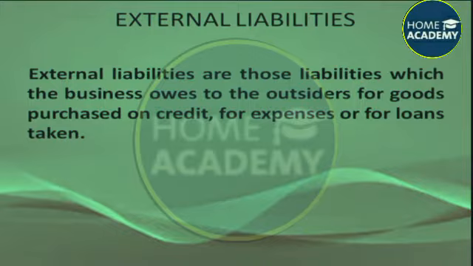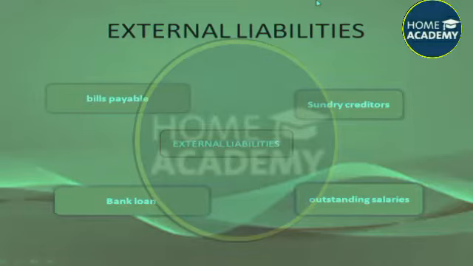So, these are the amounts which the business owes to the outsiders, either to the creditors or to the banks and financial institutions. Some examples of external liabilities: bills payable, bank loan, outstanding salaries, sundry creditors.